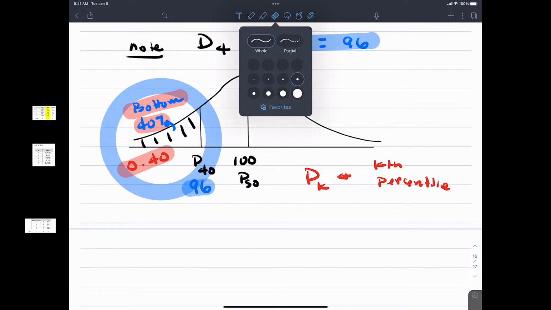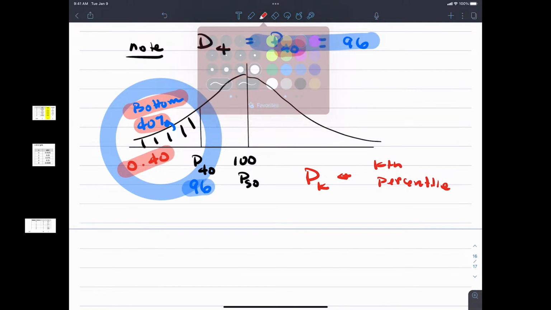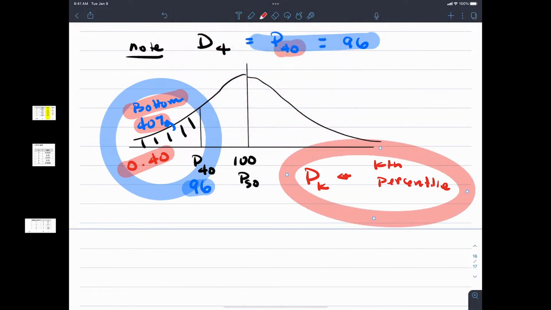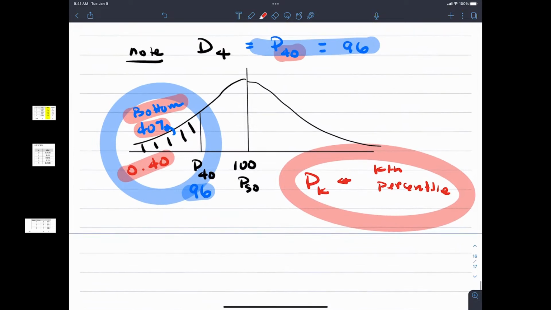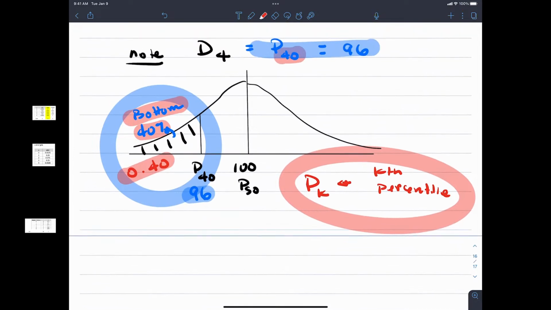So if they gave you, for example, P40, that means 40% of the data is behind that number. So 40% of the data is behind the IQ score of 96. So you're actually partitioning your bell here into that top and bottom. Yes. Well, on the default, remember the default, this is a left tail. Is that true? Let's mark this down.